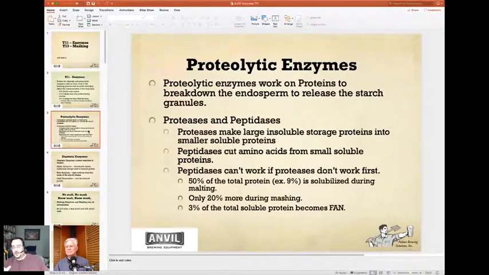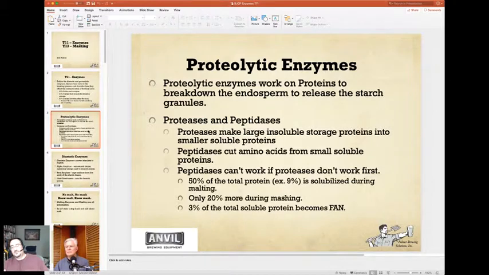Your peptidases then take these smaller soluble proteins and start cutting the tips off to make amino acids. The peptidases can't do their work if the proteases don't break the large insoluble proteins down into smaller soluble proteins first.